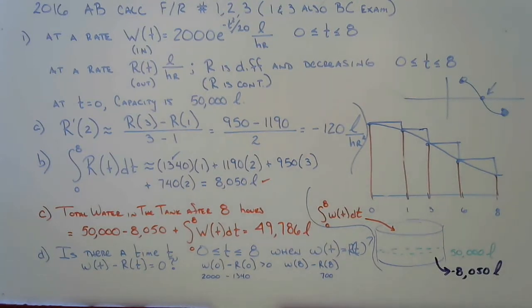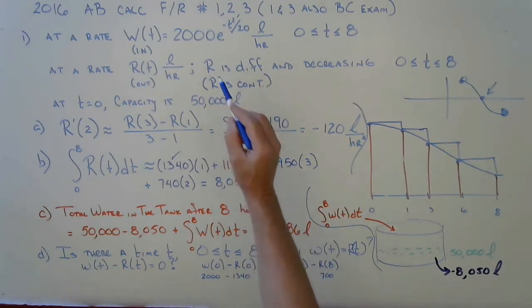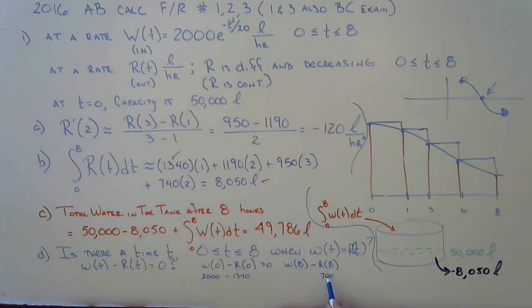Now, I'm not going to do the arithmetic, but if you plug 8 in, you get a number smaller than 700. I don't know what that number is, but it is less than 700. So when I take a number less than 700 minus 700, I get negative. And I get this picture right here.